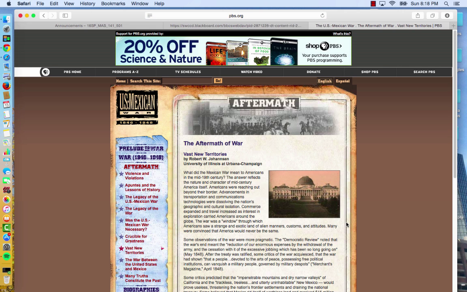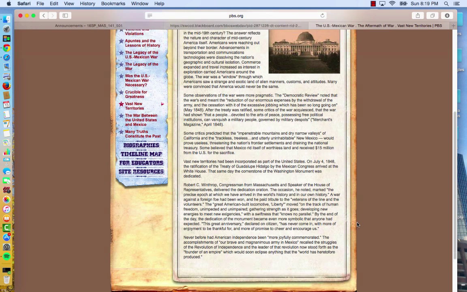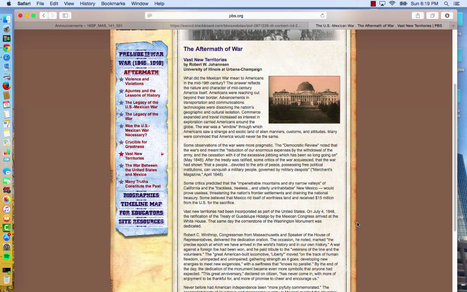And Professor Johansen, who used to teach at University of Illinois at Urbana-Champaign, talks about the territories that the U.S. gains in the aftermath of the war. And of course, once the war ended, California, New Mexico, Arizona, large portions of present-day Colorado, Utah.